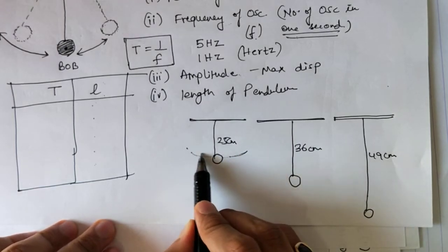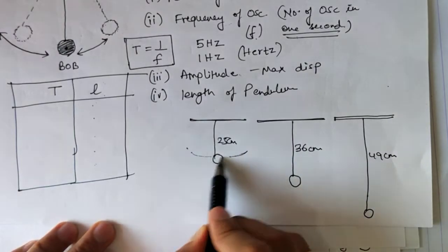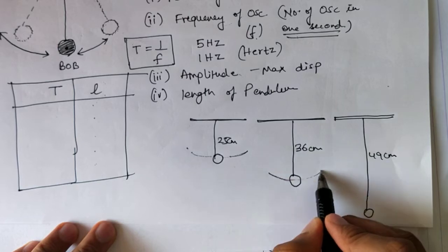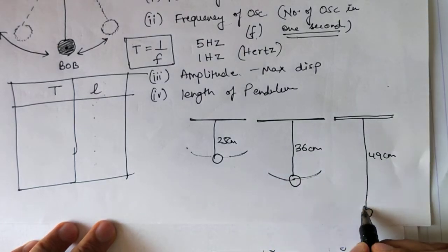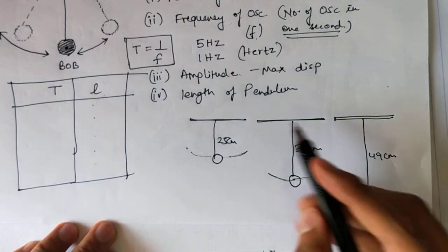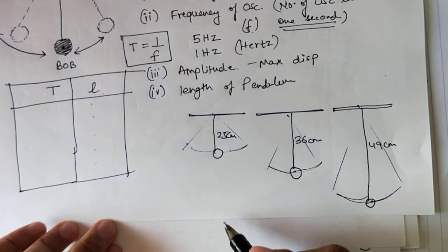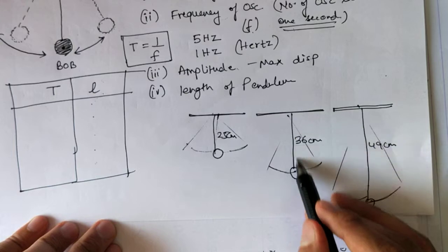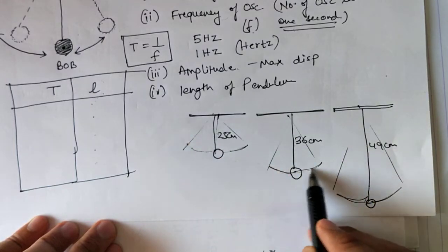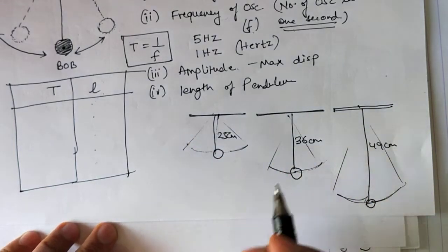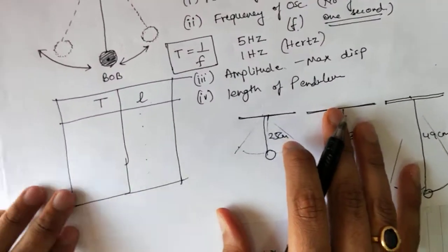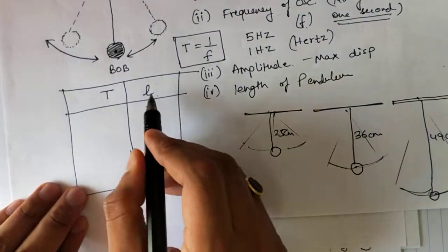Time period means from left to right and then back to center. Then they calculated the time period for this pendulum. Then they calculated the time period for this pendulum. They wanted to check what is the relation between the length of the pendulum and the time period of oscillation. So what were the readings? I'll write the readings for you here.